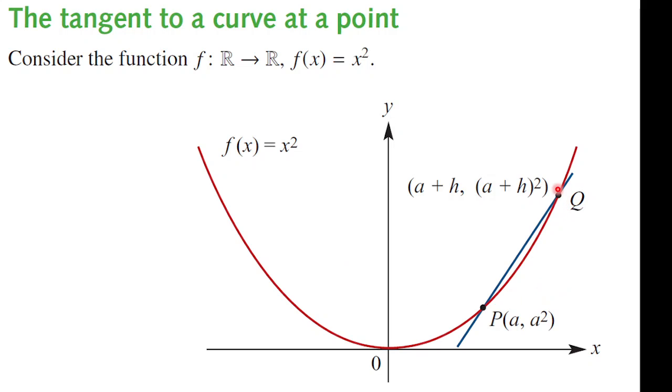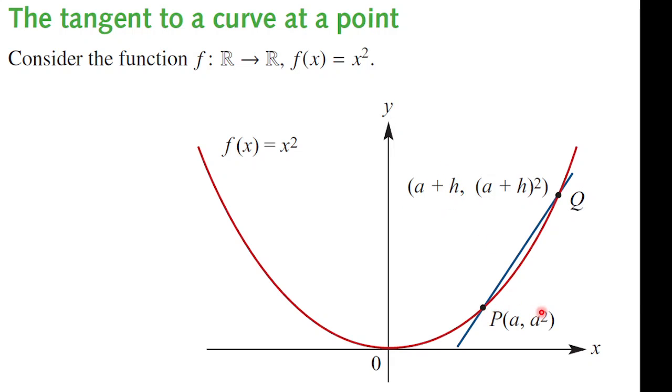Let's place another point Q further away from P, but not too far. We define how far it is by adding another parameter that we're going to call h. h is going to be really small. So a plus h is the x coordinate.